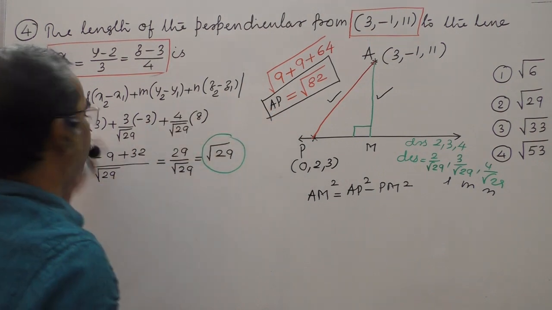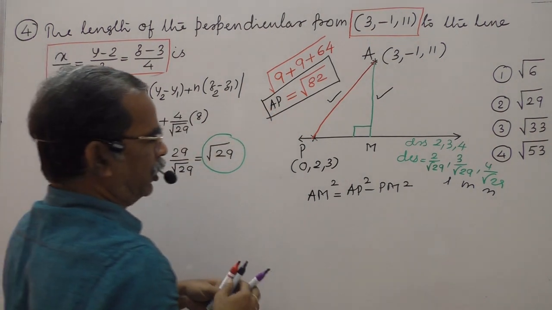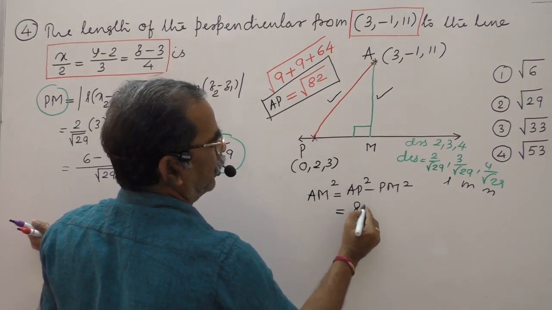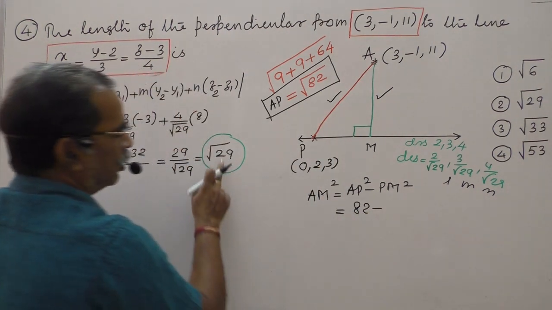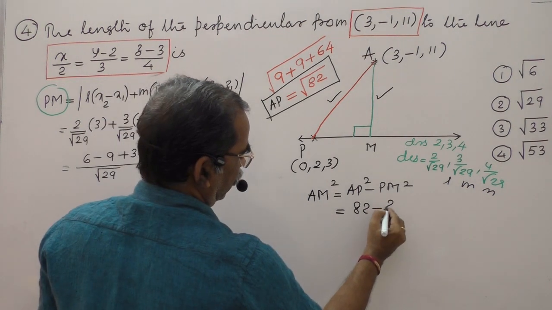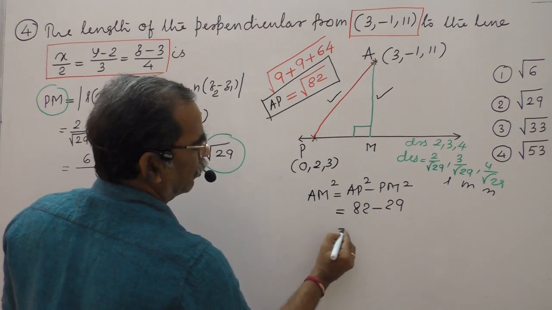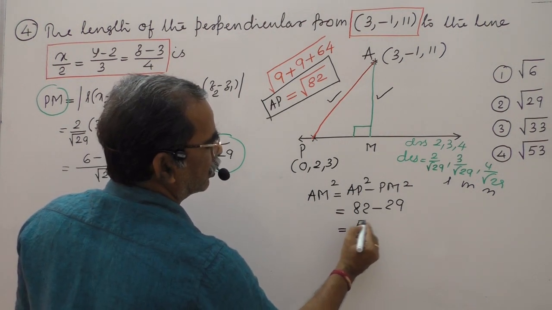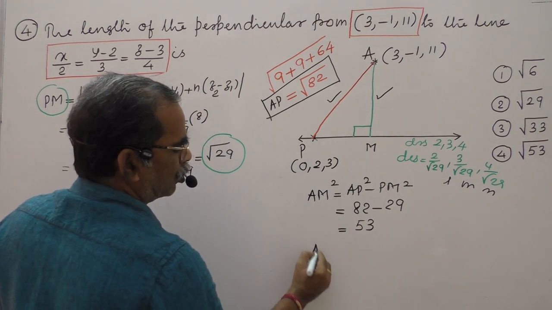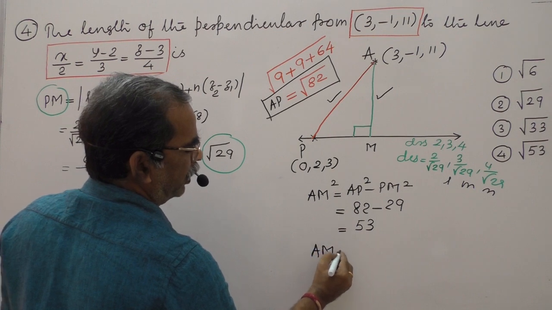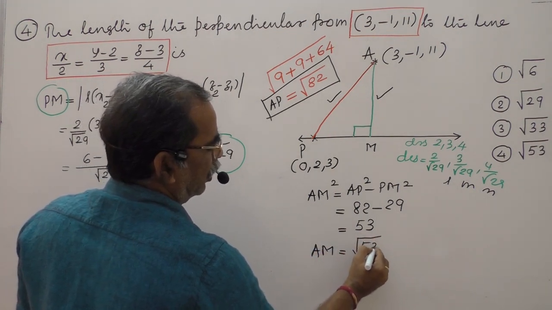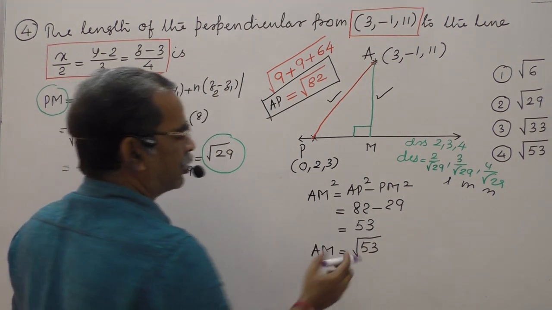AP is there, PM is there. You can substitute here. What is AP square? It is 82 minus PM square, which is 29. 82 minus 29, what is this? This is 53. So AM square is 53. Therefore AM equals root over 53. This is the answer.